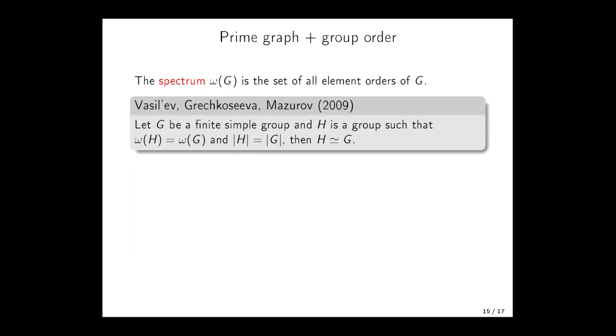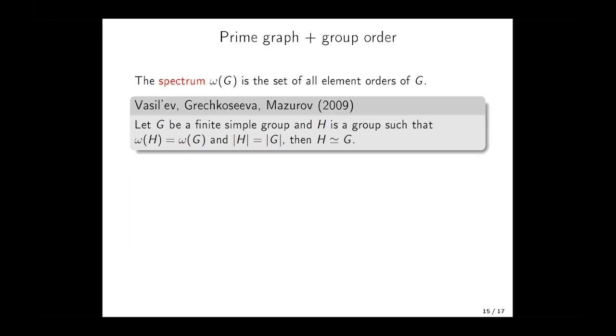And if you are interested in details, you can find the corresponding paper. They finally proved the following result. Let G be a finite simple group, and H a group such that the spectra of these groups coincide. And moreover, we know that the order of G equals the order of H. Then these groups are isomorphic.